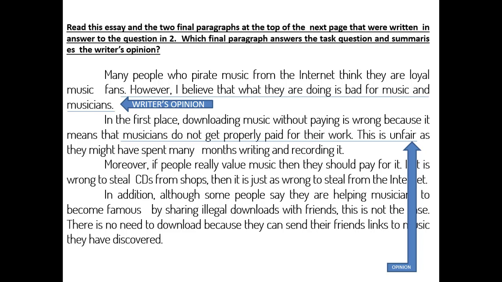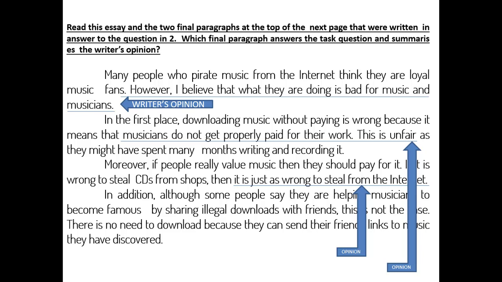From the third paragraph, the opinion is that it is as wrong to steal from the internet. That is another opinion from the writer.